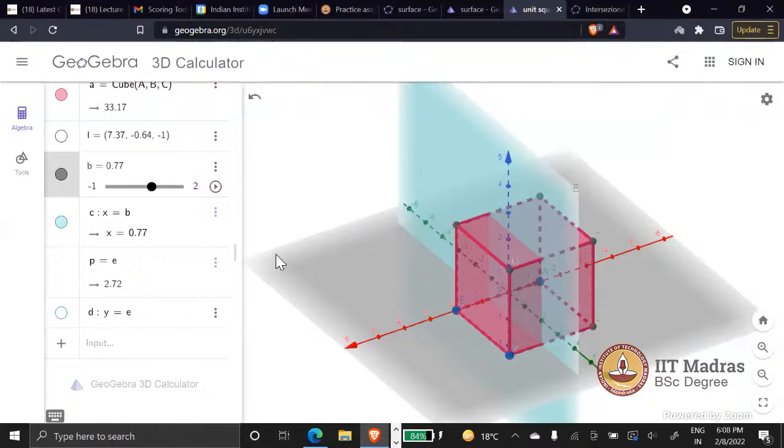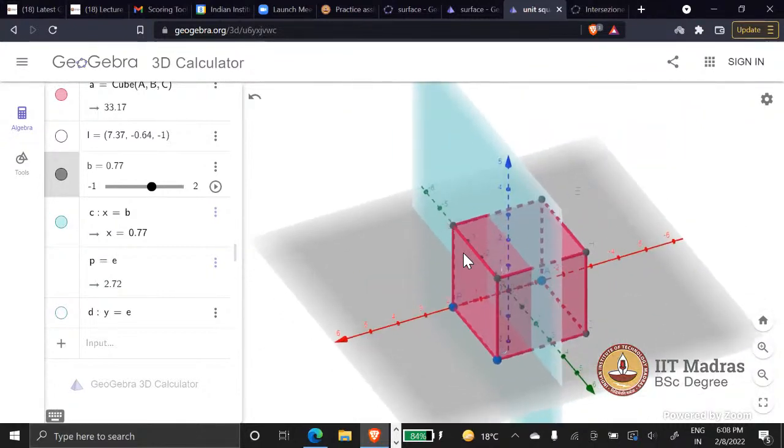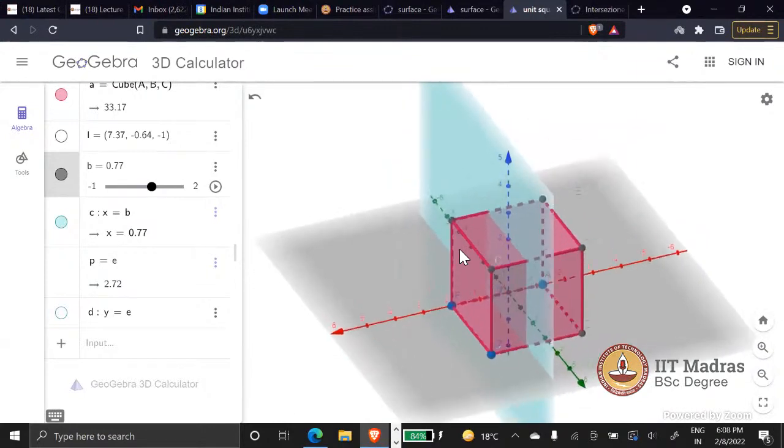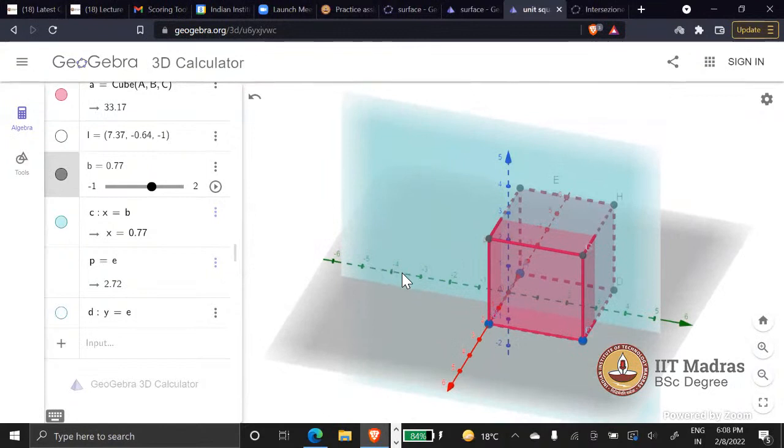So if I fix some x and slice it, then in that case you see a square kind of thing, right?